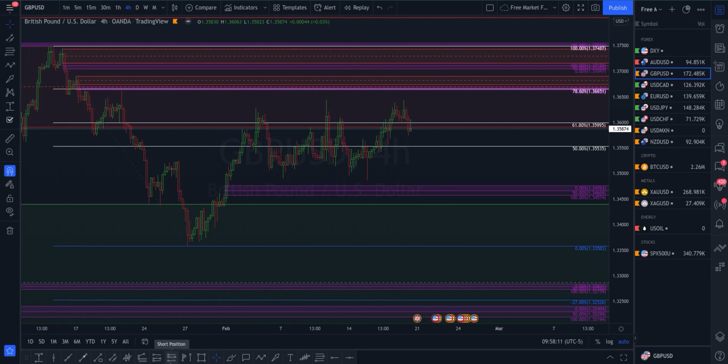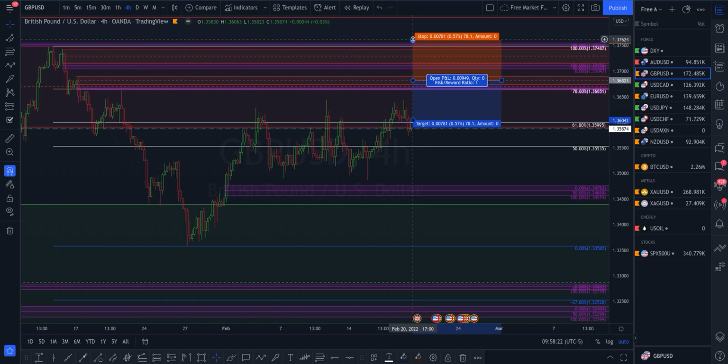So it's a couple of areas we can take a look at, but I am going to shoot for 50% of this zone. Just put the stop just above it.